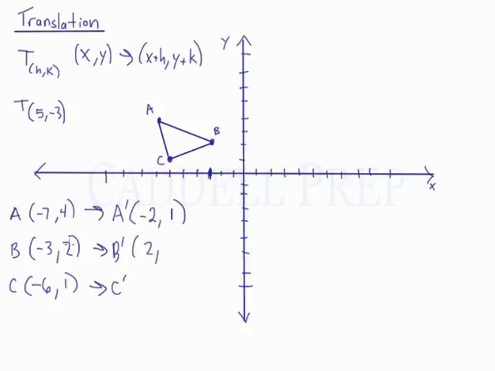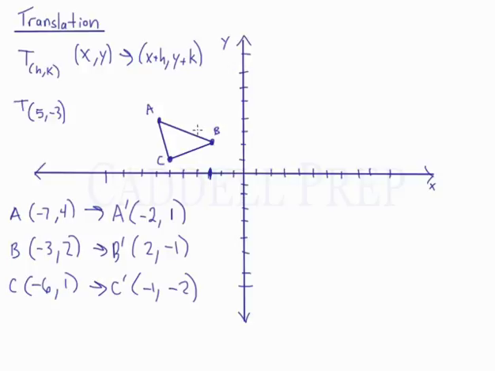And subtract 3 from the Y value. 2 minus 3 is negative 1. And now for C prime, again, add 5 to the X value. So negative 1. Add negative 3 or subtract 3 from the Y value. Negative 2. So these will be the new coordinates of our image. That's based on this rule.